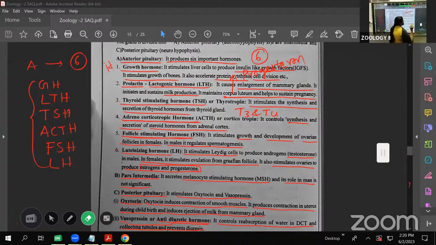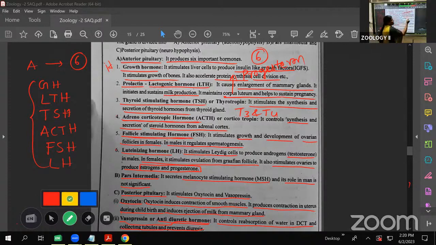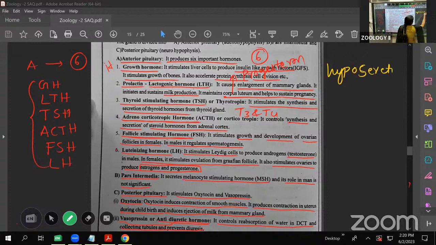Hyposecretion, meaning less secretion of ADH, also called vasopressin, causes a failure of reabsorption here.